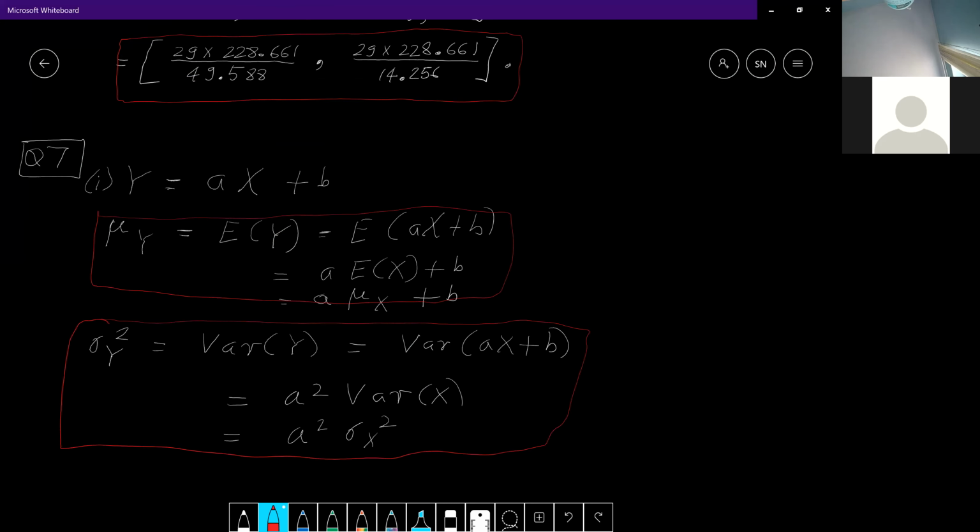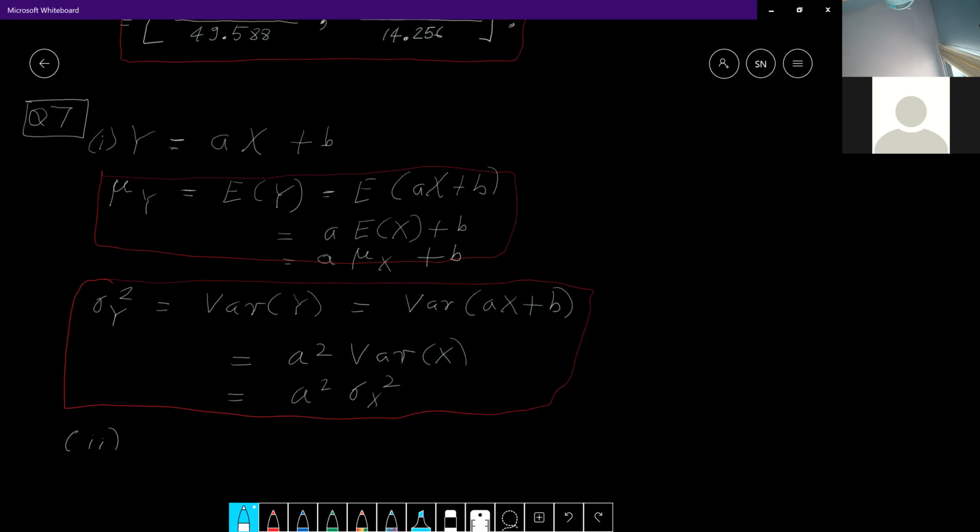Now, part two is to show the same thing in terms of the sample values. Here in part 2, we need to show that y bar, the mean of all the y's, in other words 1 over n times the sum of yi.